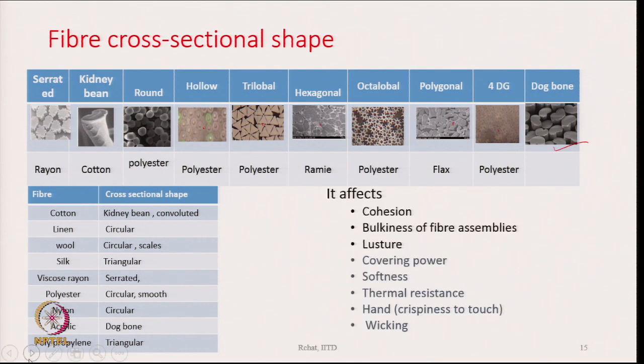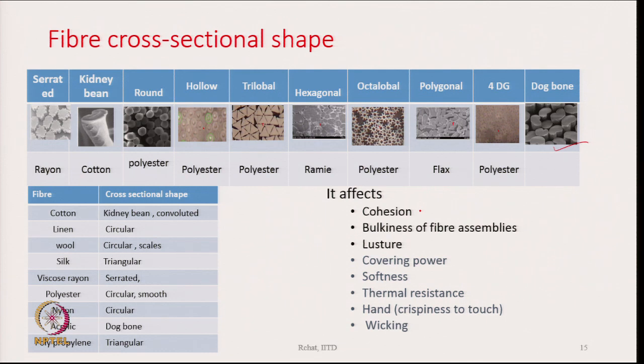The properties which are affected are cohesion first of all, then bulkiness. Sometimes we are looking for bulky products. The product has to be very bulky, to enhance the insulation value, or we want to make a product very soft, and therefore we want to make it bulky. So, bulkiness is also affected by the cross section. The other thing which is affected is luster also.